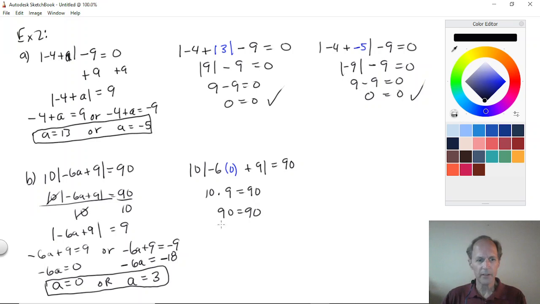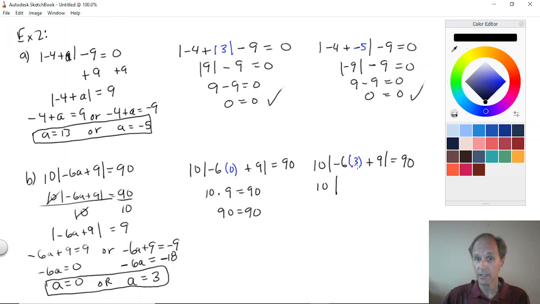So the other one was 3. 10 times the absolute value of negative 6 times that solution, which was 3, plus 9 inside the absolute value bars. We're saying that equals 90. Well, what do we have in there?